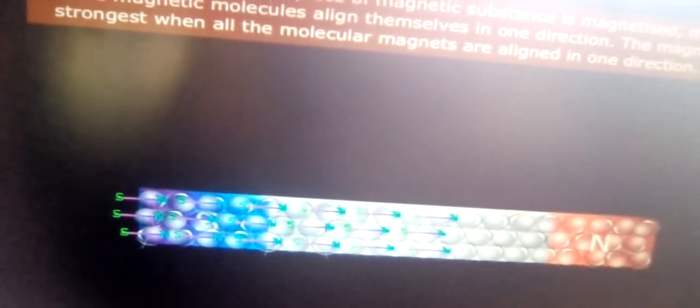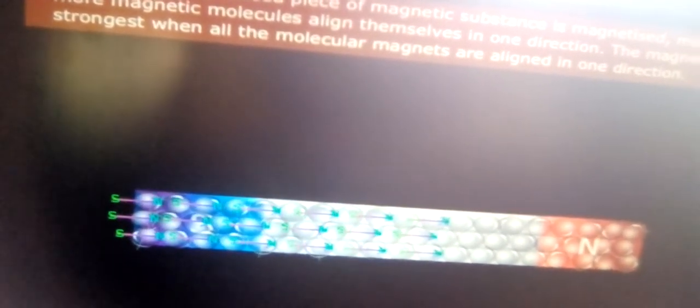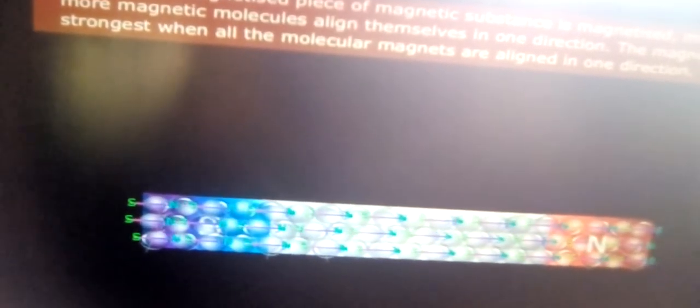When they are in opposition and you magnetize them, they will be forced to align in the same direction, with south end, north end, south end, north end, like that.